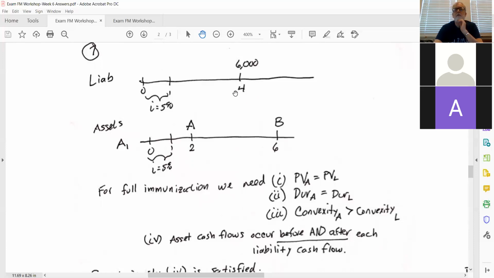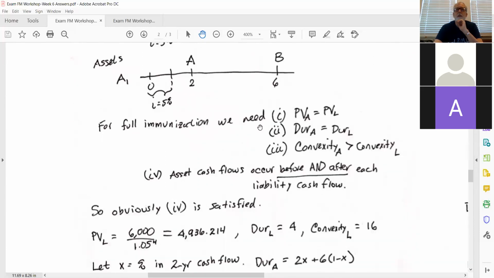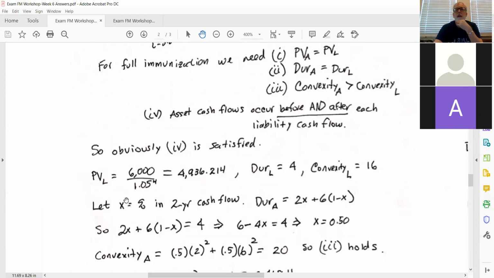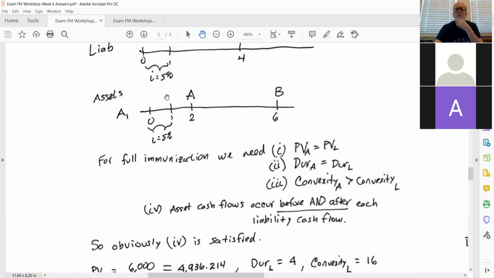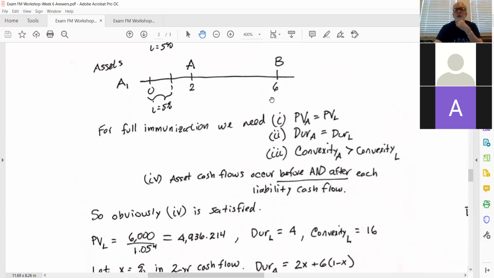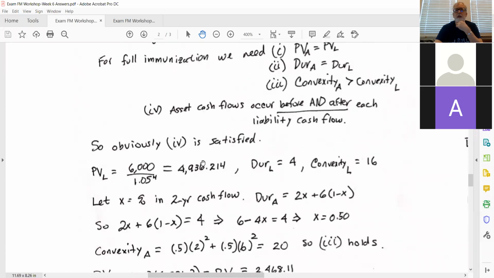And the convexity of a single payment is n squared. So if a payment comes in at time 4, its convexity is n squared. All right, and we do the same trick. Let x be the percent in the 2-year bond, or the time 2 cash flow, and 1 minus x would be the time 6 cash flow.